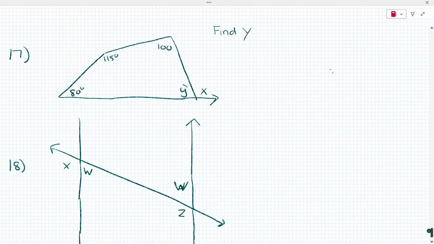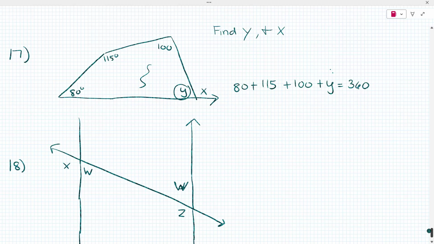So on this one, we got to find this angle here. Actually, we could find both y and x, right? Well, how do we do this? If you look on the inside here, you know that if you add up all the angles, it adds up to 360. So it's 80 plus 115 plus 100 plus y equals 360, right?